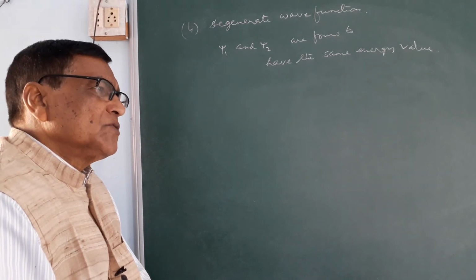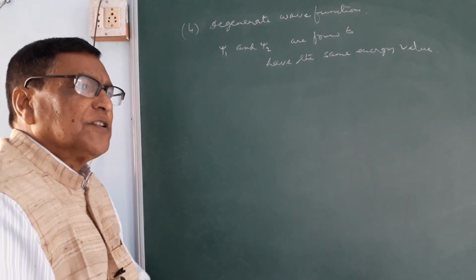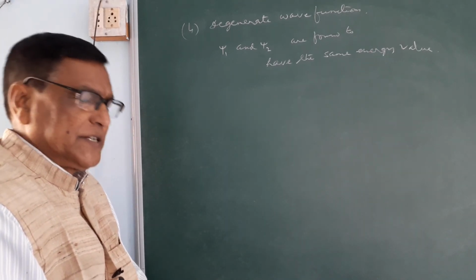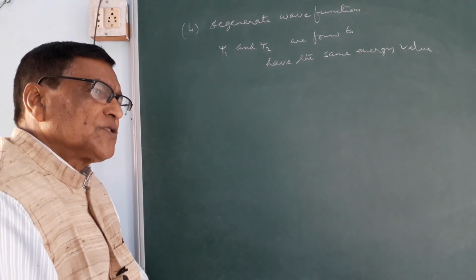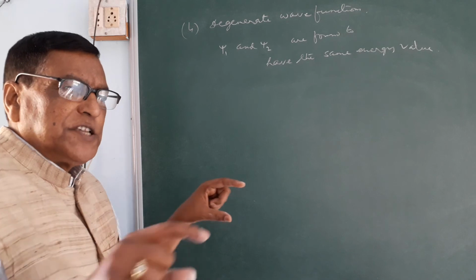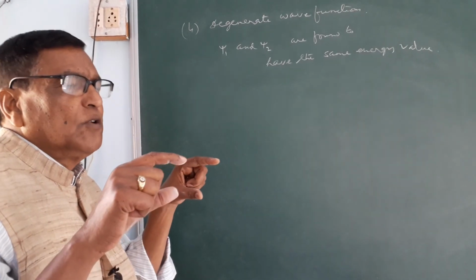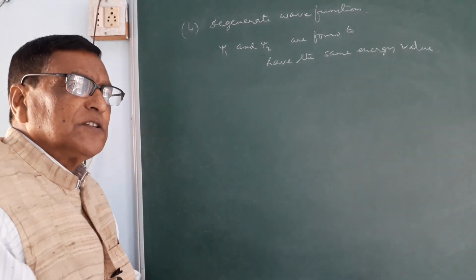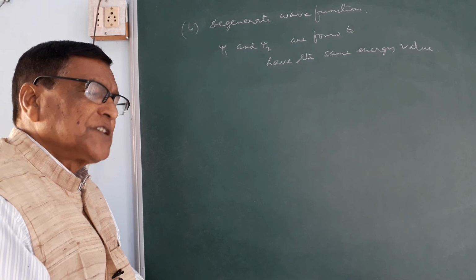So these rooms are threefold, fivefold or sevenfold degenerate, etc. In the case of p orbitals also, the px lobe is oriented along the x-axis, py along the y-axis, and pz along the z-axis, but energetically they are the same.